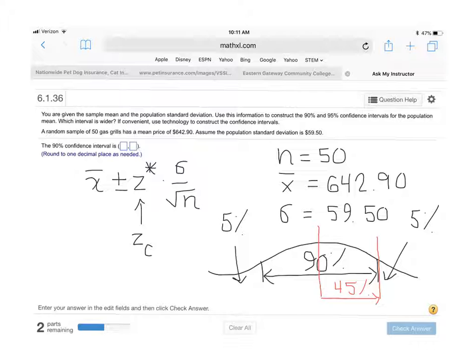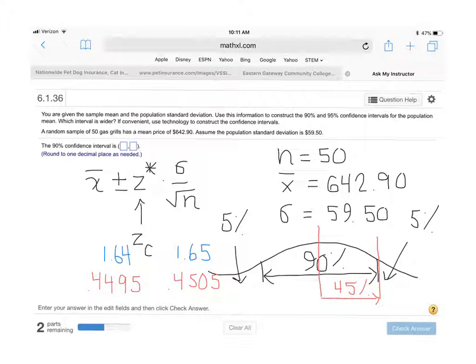When we look at our table, we find 0.4495, and there's a 0.4505. Well, 0.4500 is right in the middle of those. So the 0.4495 corresponds to a z critical value of 1.64, and 0.4505 corresponds to a critical value, or z, of 1.65.